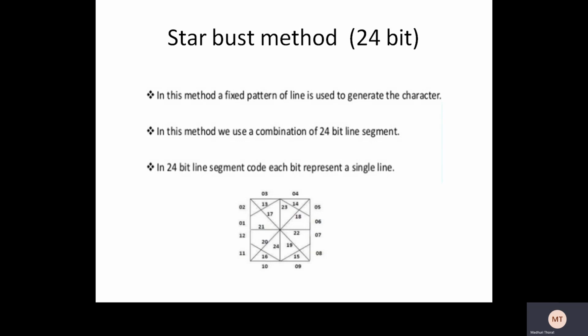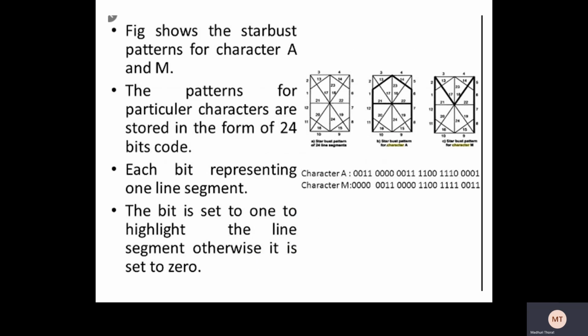The pattern for a particular character is stored in the form of a 24-bit code. Each bit represents one line segment. The bit is set to 1 to highlight the line segment, otherwise it is set to 0.